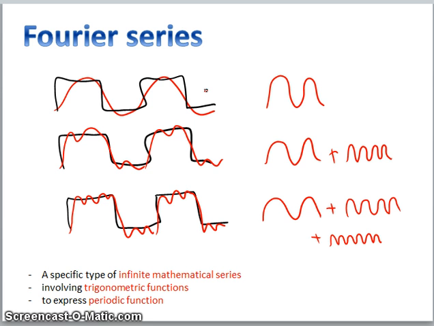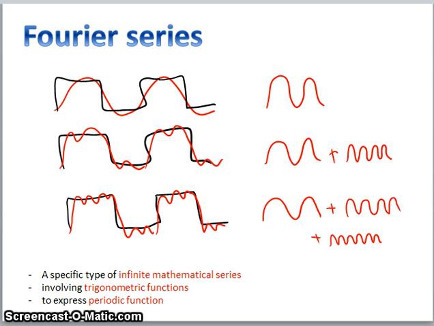So it means I have one function which is periodic, and if I would like to find the Fourier series expansion of this function, then what I need is to identify what are the terms inside this function so that it can be represented as the periodic function that I have originally. Okay, so that's the description of Fourier series graphically.